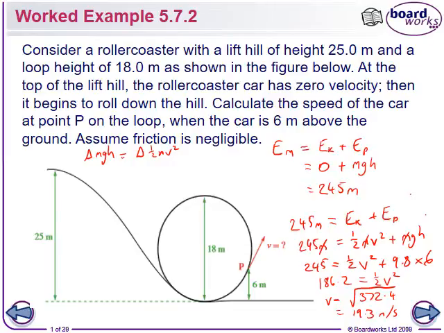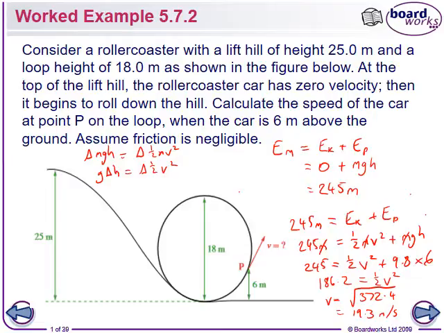All right, so again, we can look at this and straight away cancel out our m's. So g times the change in h is going to be equal to the change in 1/2 v squared. Okay, again, our m's cancel.